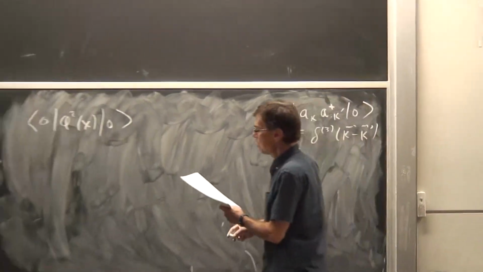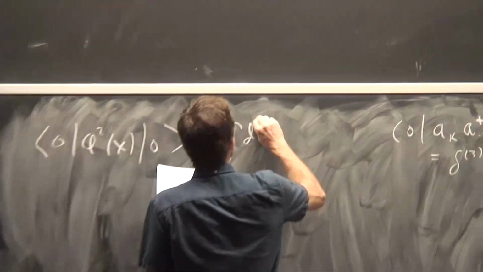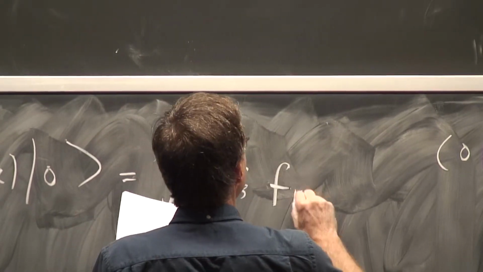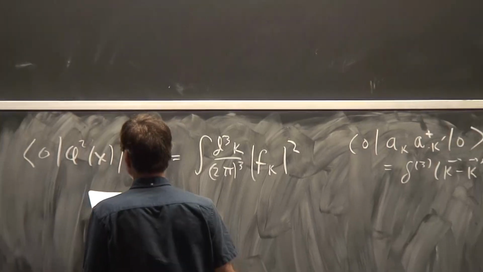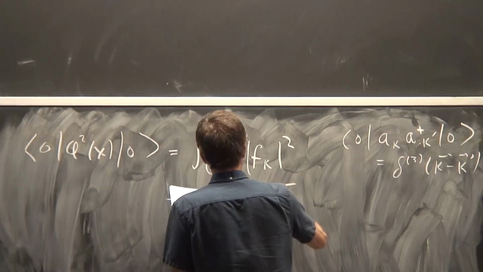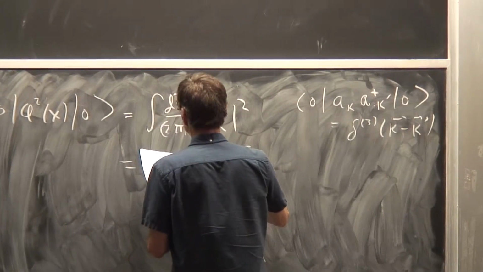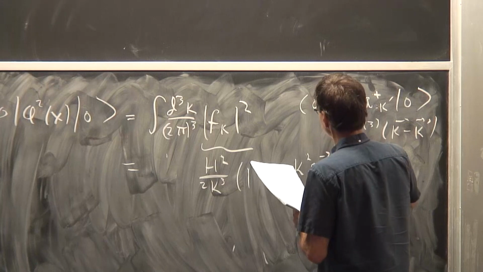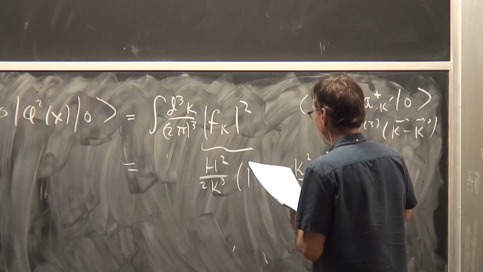So then we can just compute this, and it turns out to be the integral d^3k over (2 pi)^3 of |f_k|^2. And so |f_k|^2 is H squared over 2k cubed, times 1 plus k squared e to the minus 2Ht over H squared.